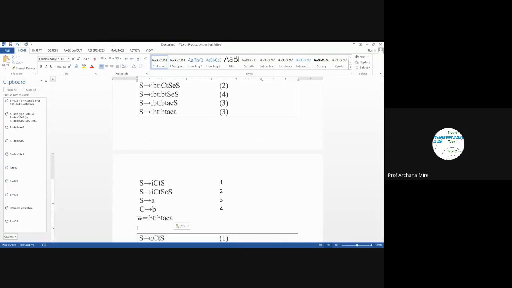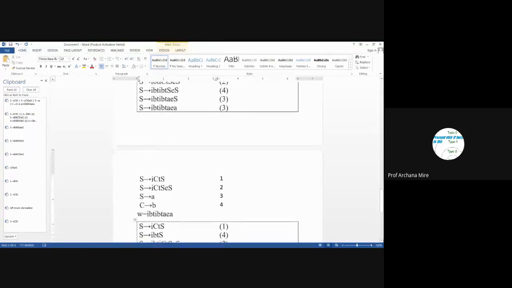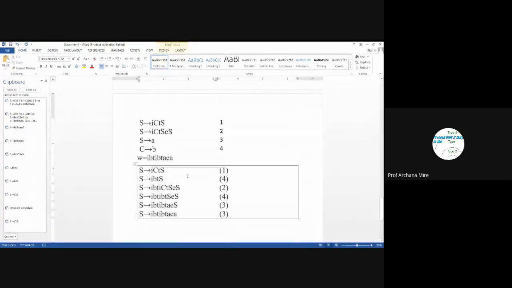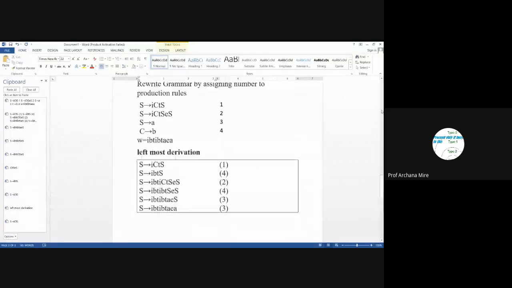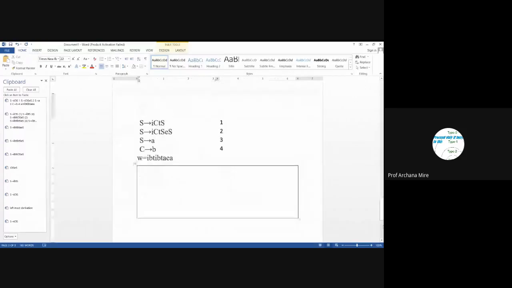So I am once again copying this grammar here just for the visibility. Once again, we will be applying the same strategy, that is the leftmost approach, and we will check. Now, in the earlier example, we applied production rule number 1. Now here we will be applying production rule number 2.